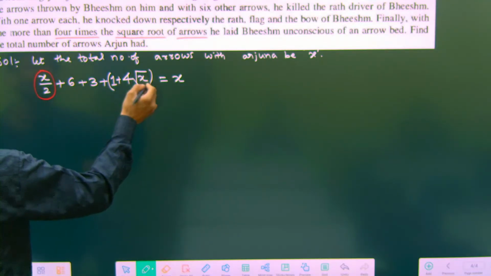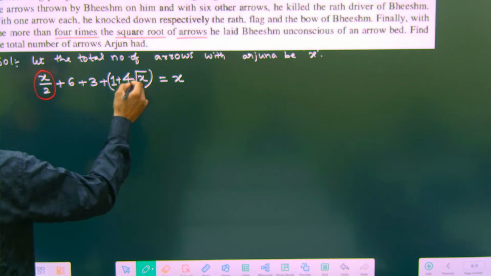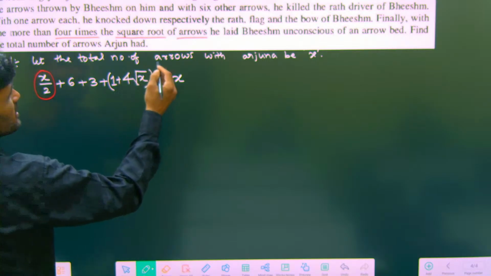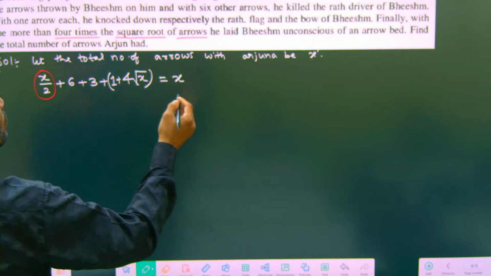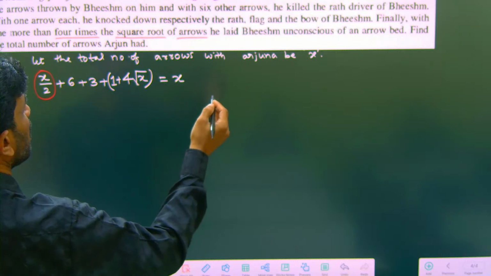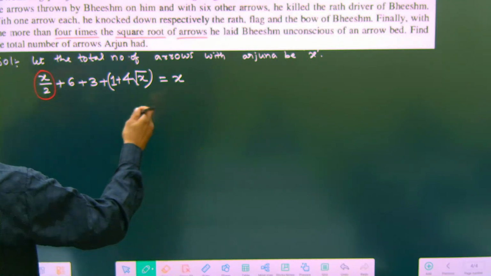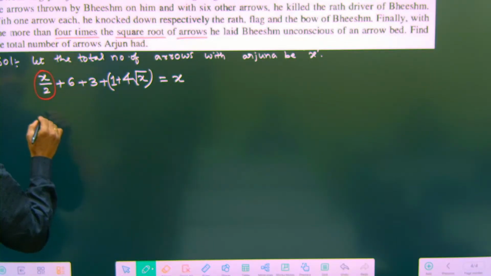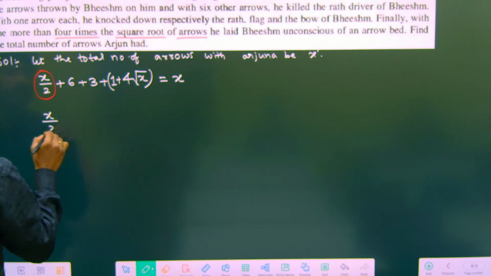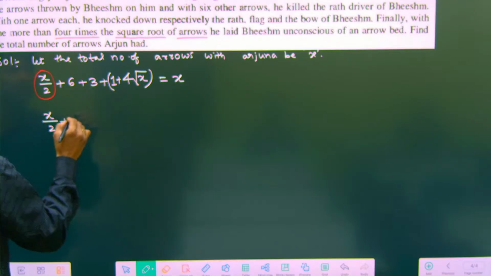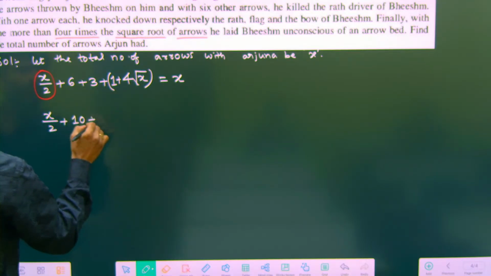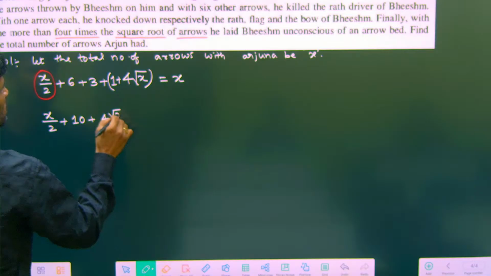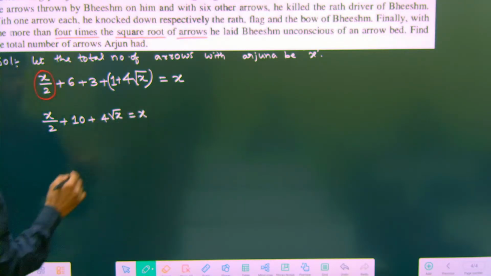And this one is four root x: one more than four times the square root of x is used to lay Bhishma unconscious. So total together it should be equal to x. We have to simplify this. This is x by 2 plus 6 plus 3 plus 1 is 10, plus 4 root x is equal to x. From this we have to get the equation.